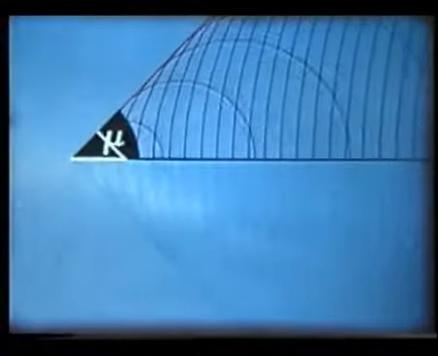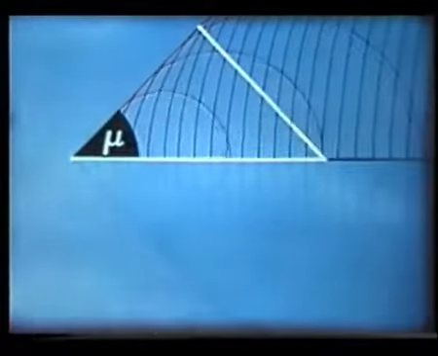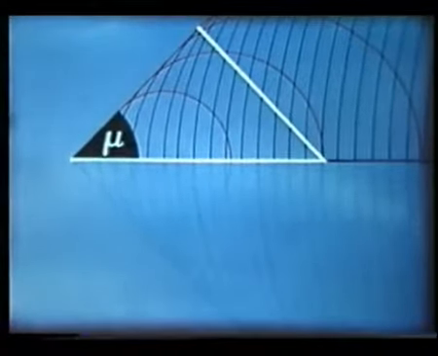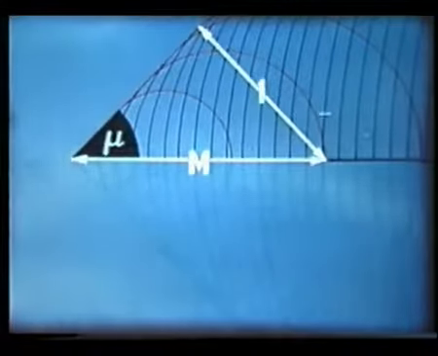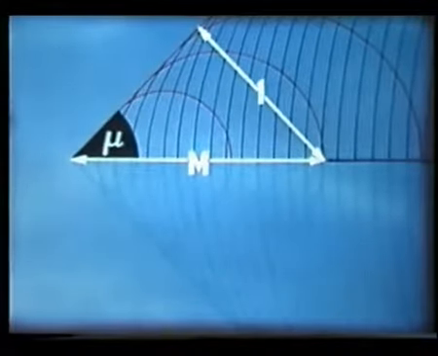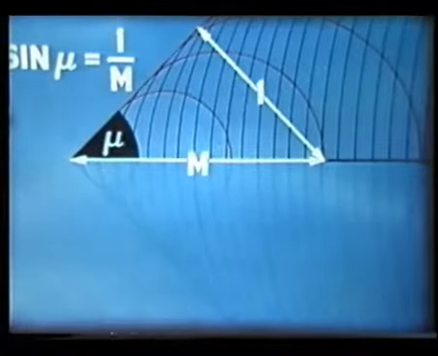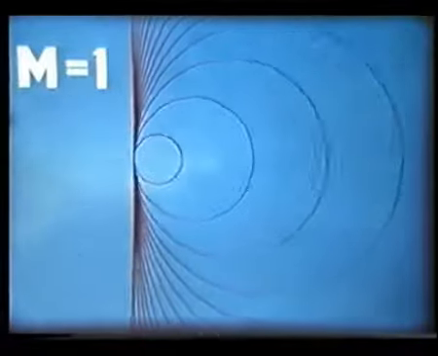The size of this angle depends on the ratio of the point's forward speed to the speed of sound, that is, on the Mach number. At Mach 1, the Mach angle is 90 degrees. As the Mach number is increased, so the Mach angle grows smaller.